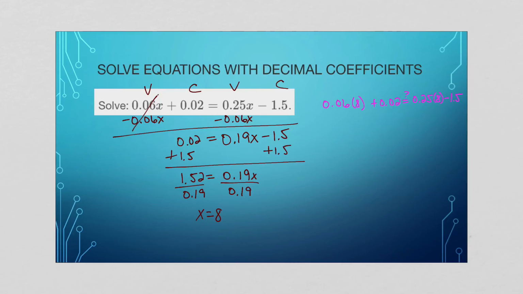Again, this is just a calculator issue. 0.06 times 8 plus 0.02, and I get 0.5. Whenever I do the right hand side, 0.25 times 8 minus 1.5, and I get 0.5 there. So those are equal, so I know this is my correct answer.